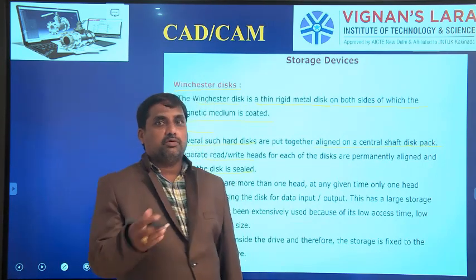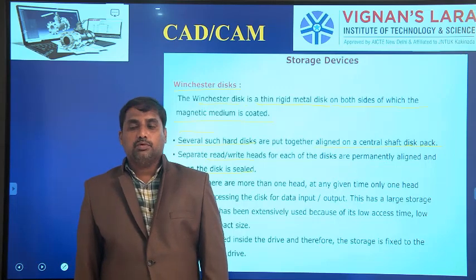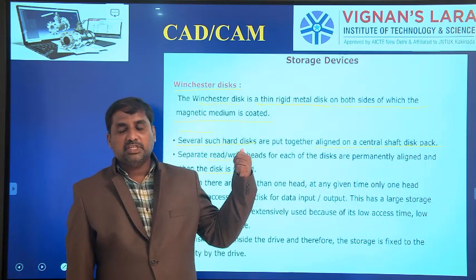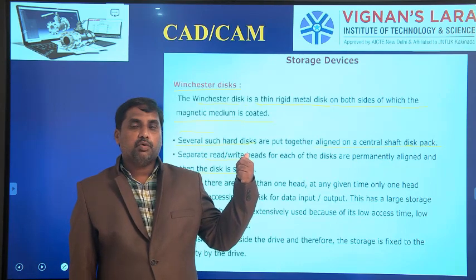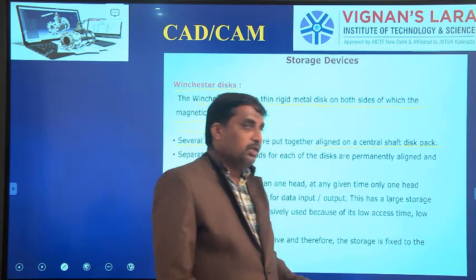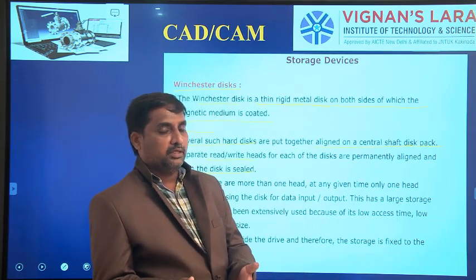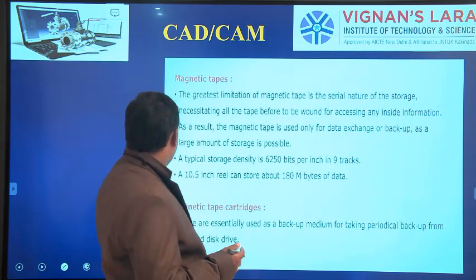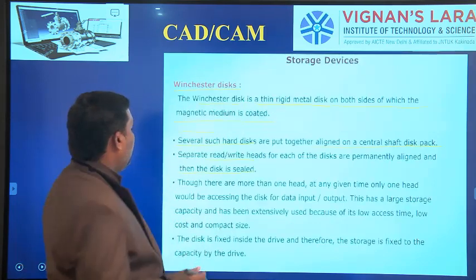So you may ask the question: when you want to read data from this Winchester disk, how much data can we retrieve, which data, and how do we read it? Here we have so many read heads and write heads.